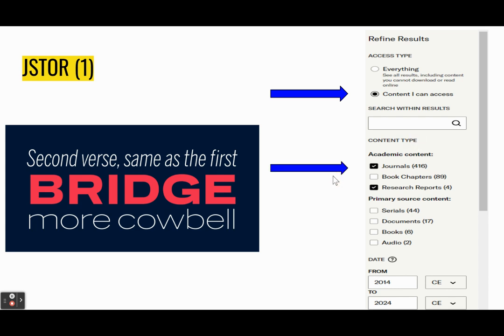Second of all, try to click on journals and research reports so that you're dealing with the best academic stuff you can find. And again, limit the dates, 2014 to 2024. All of that is fairly easy to do in the JSTOR database.